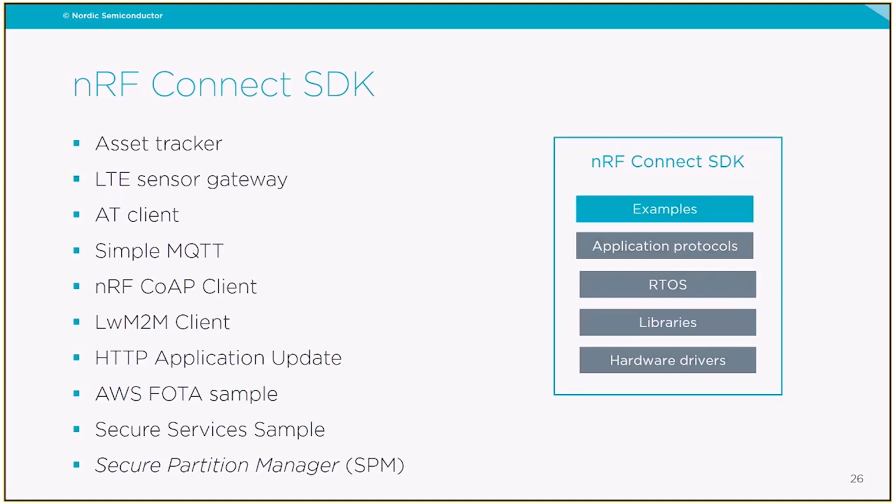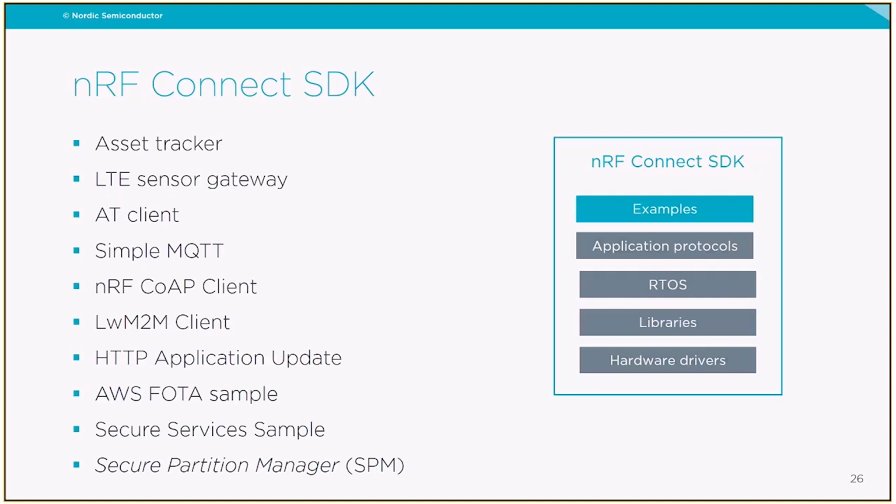The AT client example, which lets you send AT commands. You can, of course, also send AT commands in the asset tracker example. We do have a simple MQTT for getting started with MQTT, CoAP, lightweight machine-to-machine, HTTP application update for a firmware over-the-air update of your application.